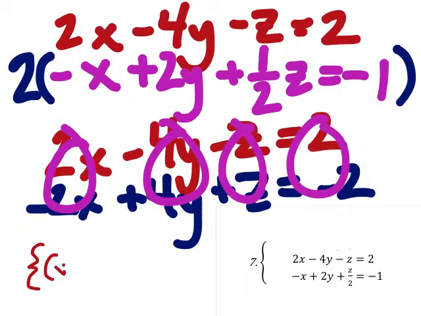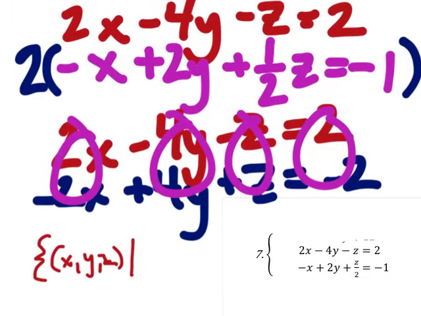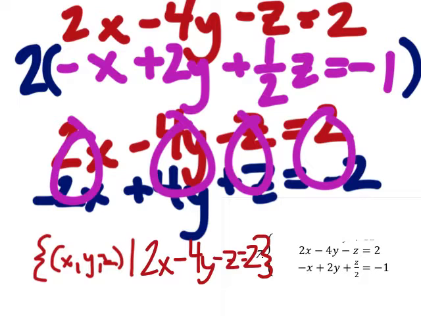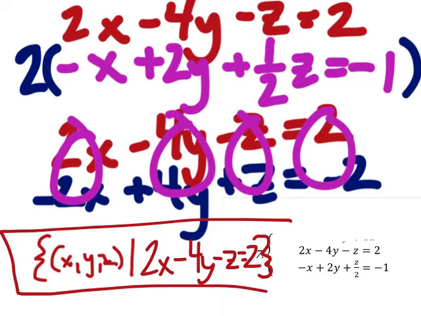And we're solving for x, y, and z. And then you just get to choose which equation you want to write in, because they are all the same. I like that second one the best, so that's the one I'm going to write in there. But again, you get to choose. And this would be the answer.